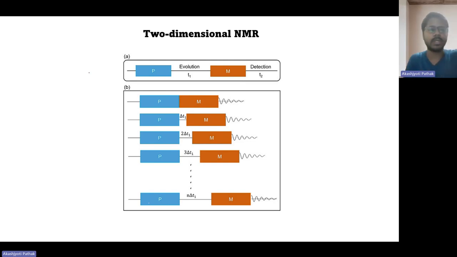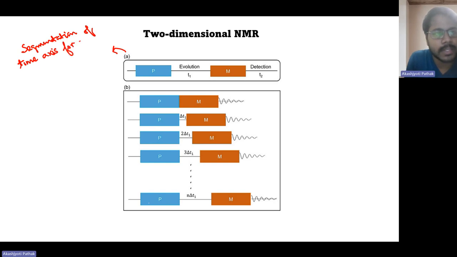The first figure explains the segmentation of the time axis for the two-dimensional experiment.